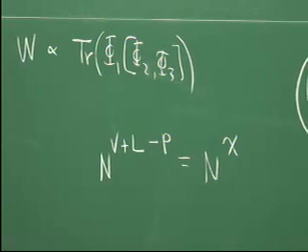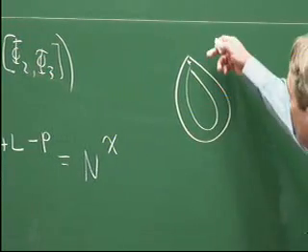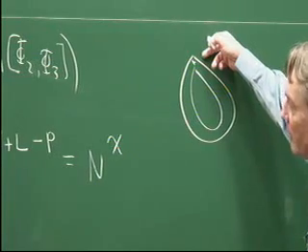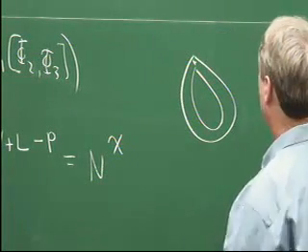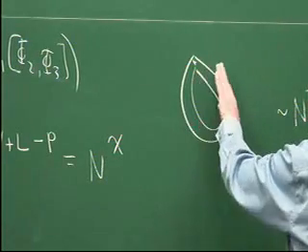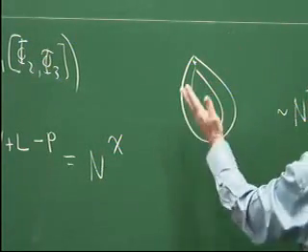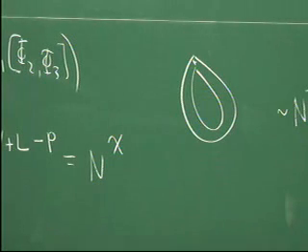And there's two N's from the index loops, an N from the vertex, the operator, and a 1 over N for the propagator. This goes as N squared. And indeed, when you fill in this index loop, it is topologically a sphere, which has Euler number 2.